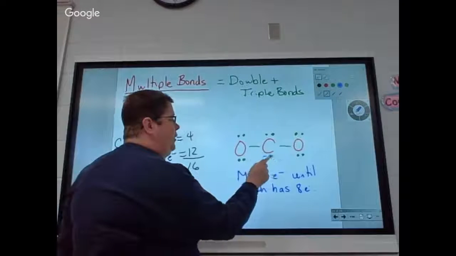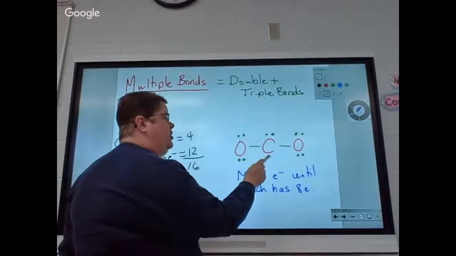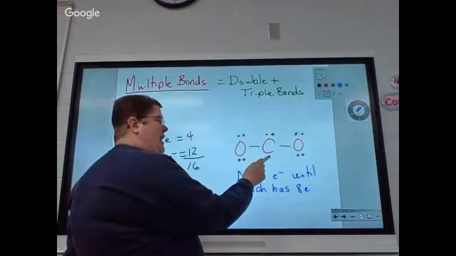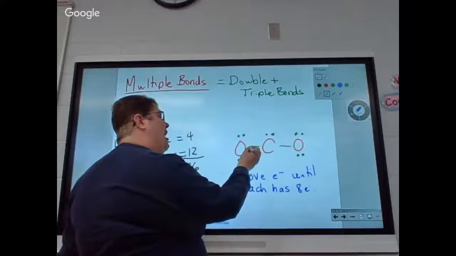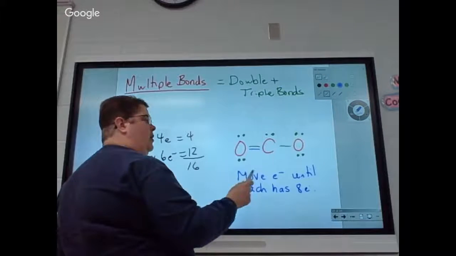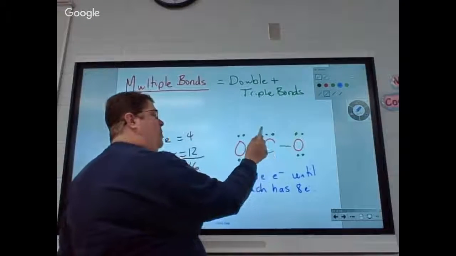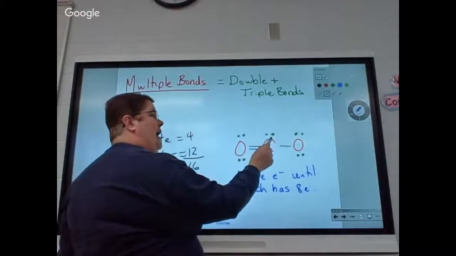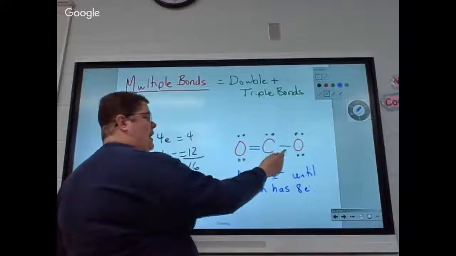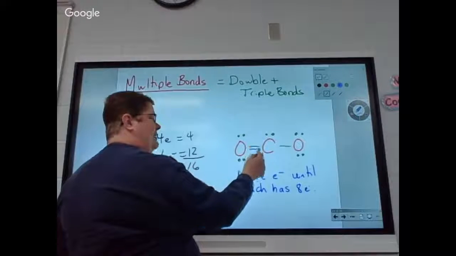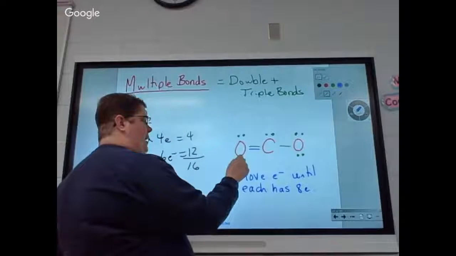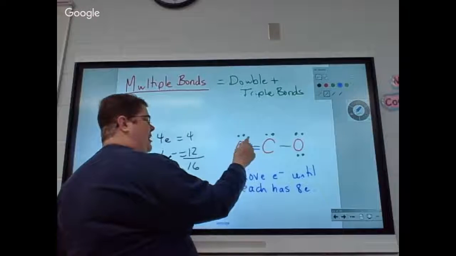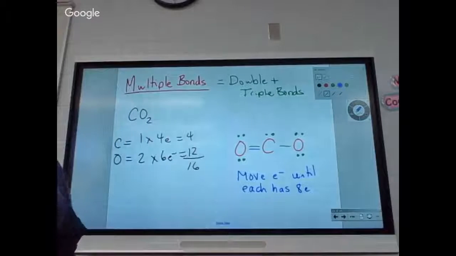So if I take those blue dots off C at the bottom, where they're just being held by C, and I put them right there, now they're being held by O and C. They're sharing between O and C. So now C has 2, 4, 6, 8, and now O has 2, 4, 6, 8. I move them into a place on the diagram where it helps both of them.